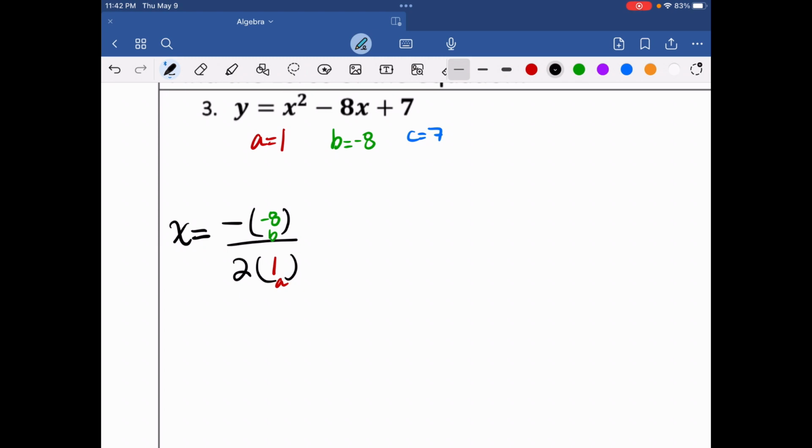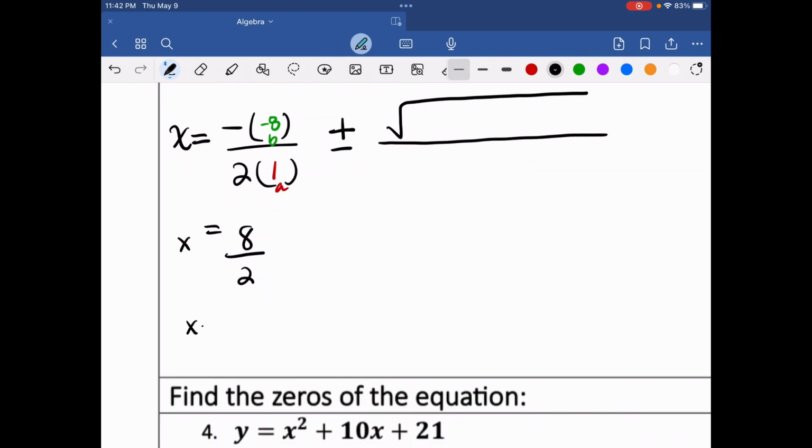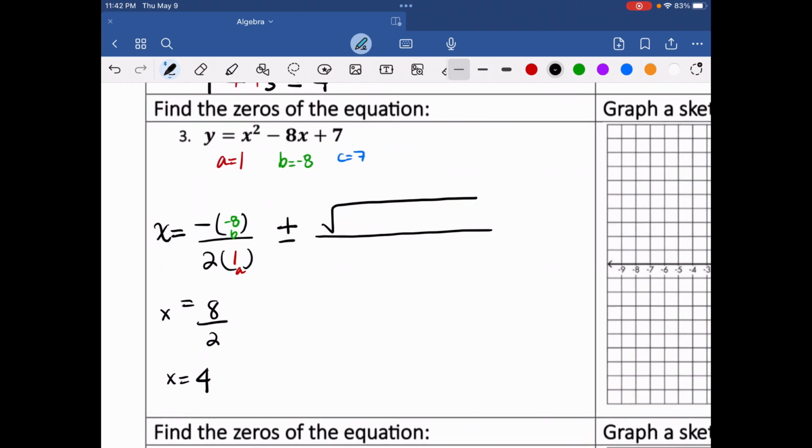And we are going to add the rest of the formula, plus or minus the rest of it, which is a fraction with a square root at the top and a couple things on the bottom. But first, let's simplify this part. What is the opposite of -8? That's +8. And on the bottom, 2 times 1 is 2. So what is 8 divided by 2? That would be 4.